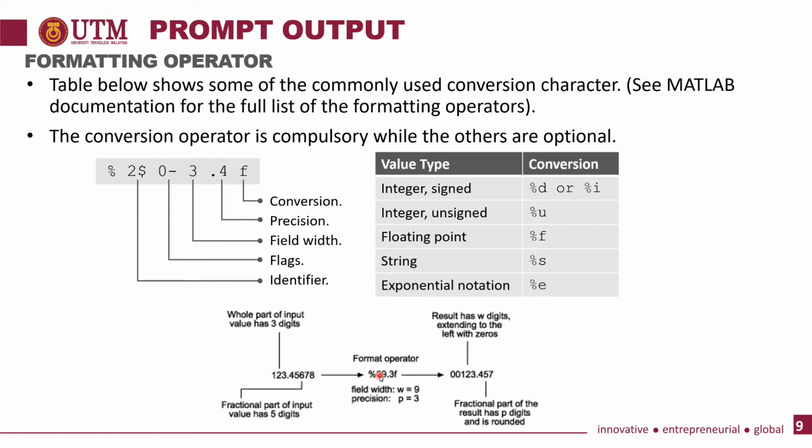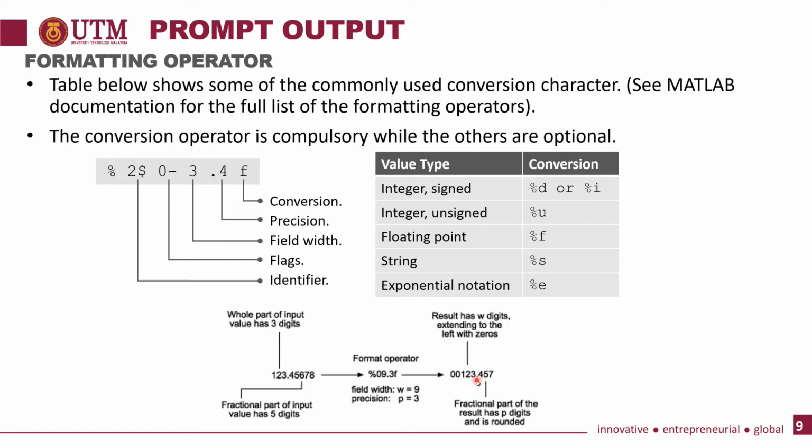And then 0 here indicates, because if we are initializing this number as 3 decimal places, it only has 1, 2, 3, 4, 5, 6. It has only 6 fill width, but we initialize it as a fill width of 9. So it will fill up the other 3 with 0s. So it will become 0, 0, 1, 2, 3, 4, 5, 7.